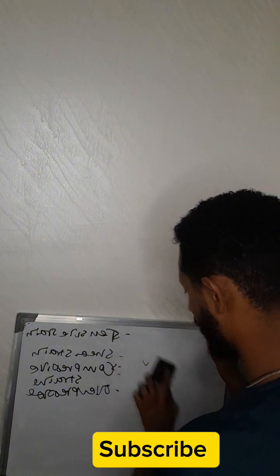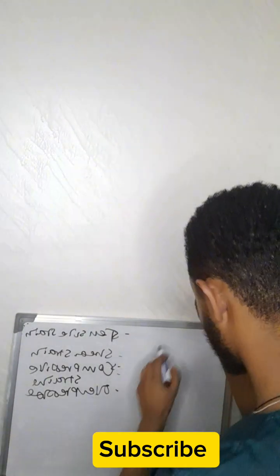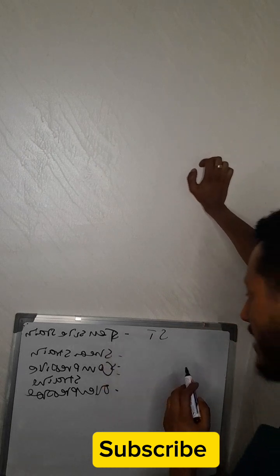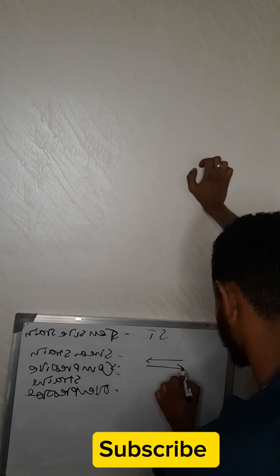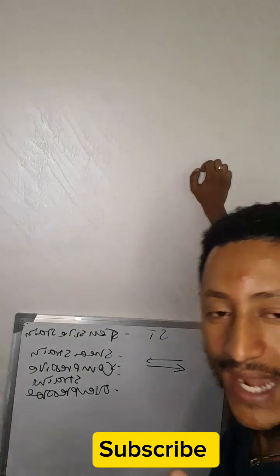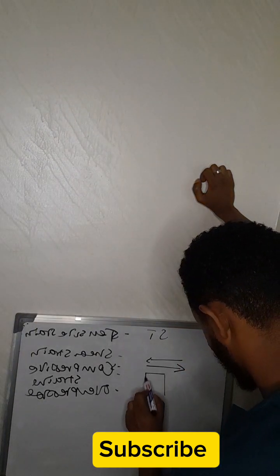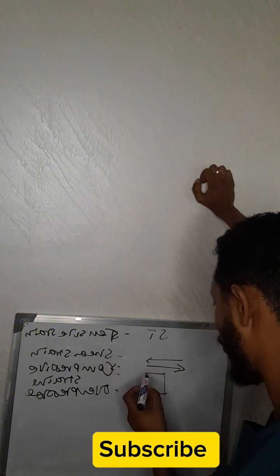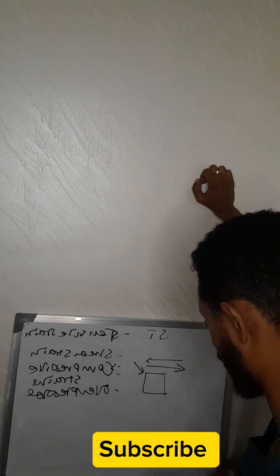The second one is shear strain. This is similar to that, but the force is applied in the same axis but in the opposite direction. This is the same object, but whenever there is a force, most commonly a diagonally applied force, it will cause this kind of strain.